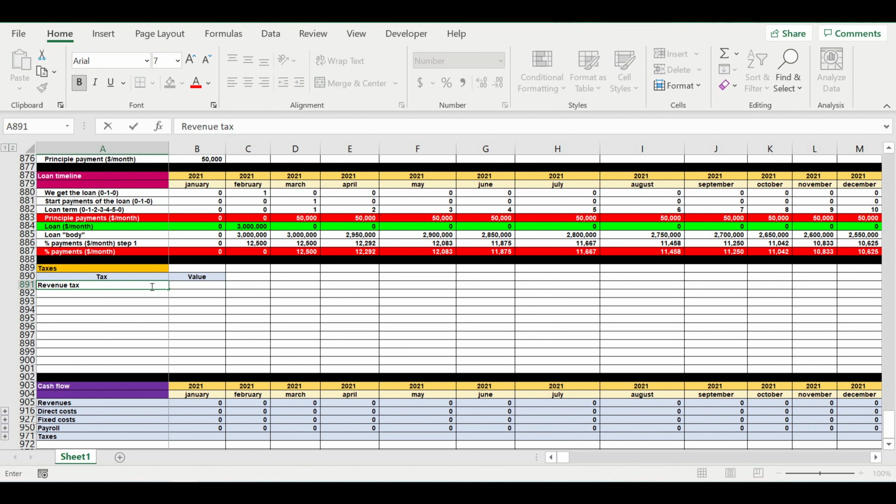We will create revenue tax, salary tax, profit tax, asset tax.